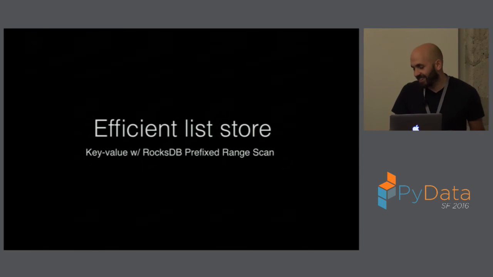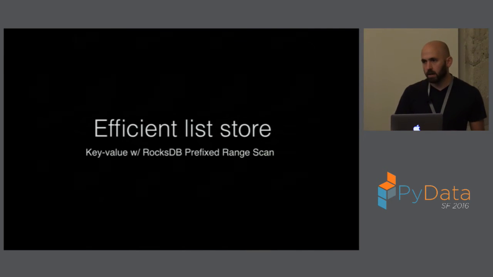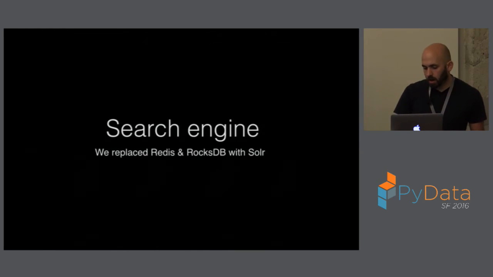So the efficient list store is the way we store our labels. As people are sending us actions, let's say it's a comment on a website or a payment, we want to label them and keep track of hundreds of millions of labels. And so we did it exactly the same way. We piped the labels into Kafka and then into RocksDB, and then they're queryable.